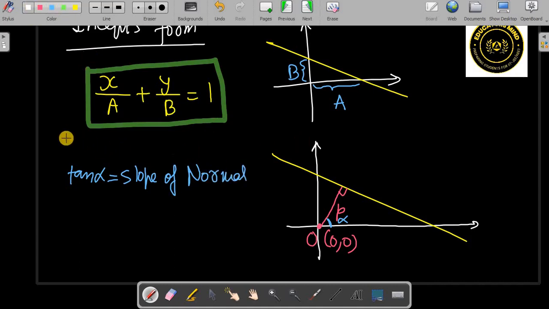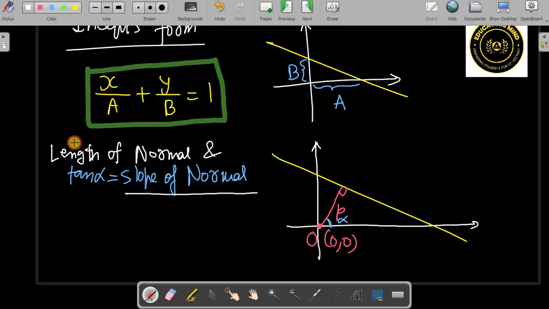Okay, so this form will be equation of line based on length of normal and slope of normal.